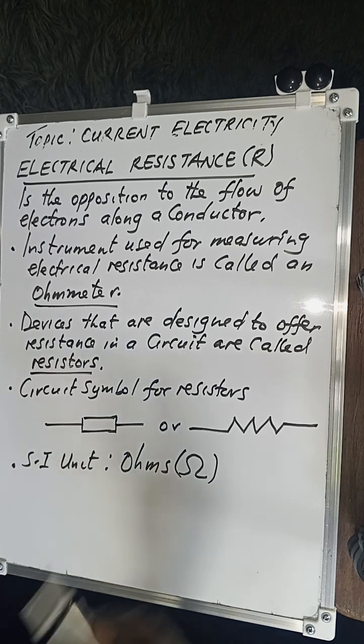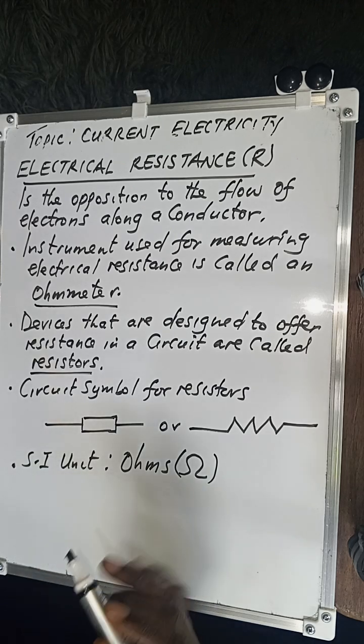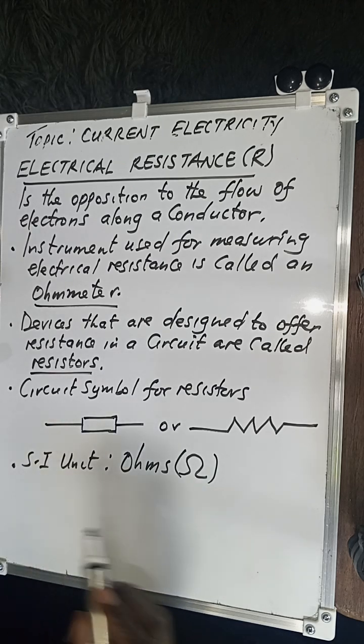Like I said, we are going to look at arrangement of resistors later on, but at this point I want to talk about factors affecting electrical resistance. What are some factors that are going to be affecting this electrical resistance?